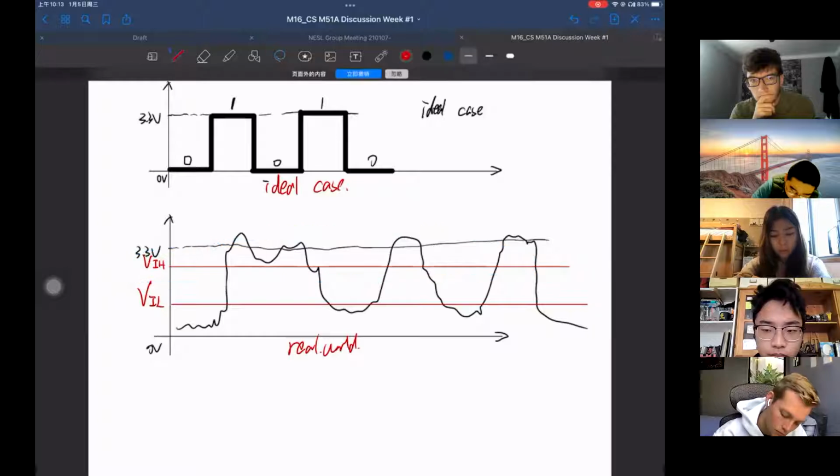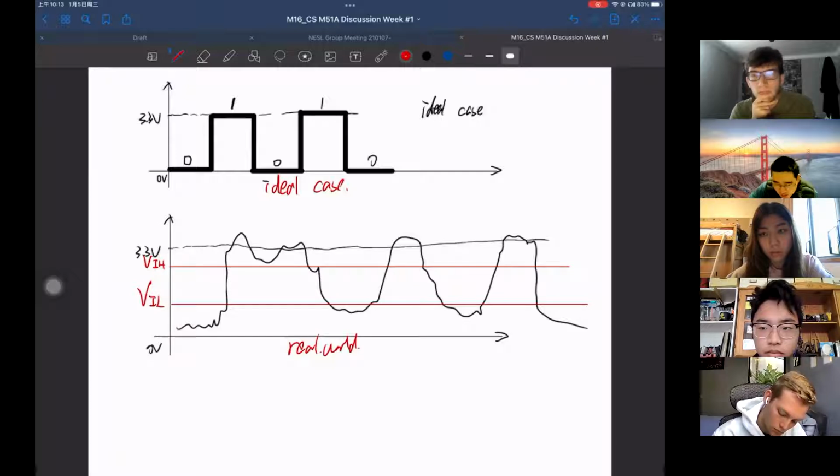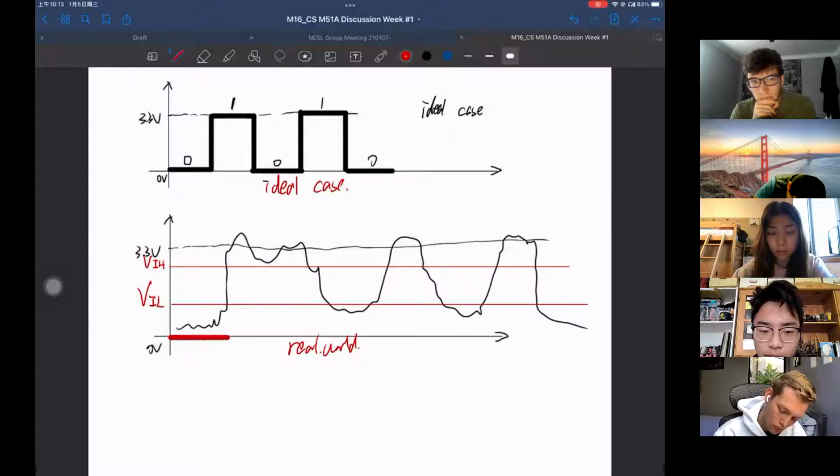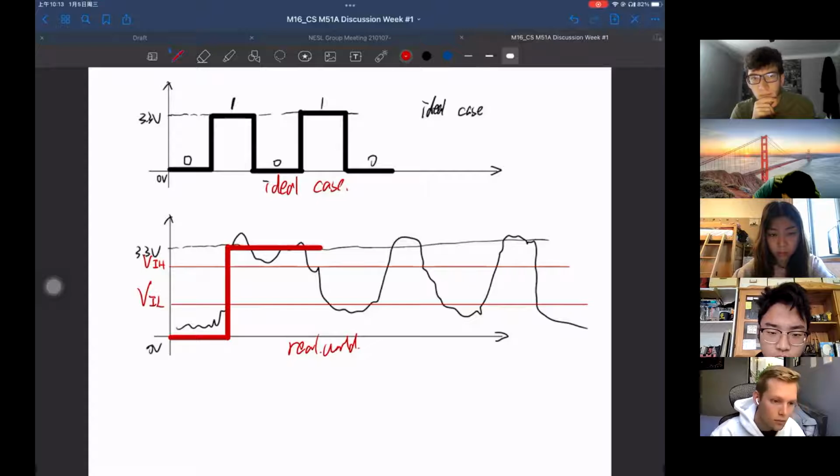Let me give you an example. Once I have set these two thresholds, you can treat the black curve as an input signal, and this is how a digital system will understand it. Everything below the threshold is going to be 0, until we reach here, after which we determine everything as 1, and until here, where the signal is no longer 1, it's going to be 0.